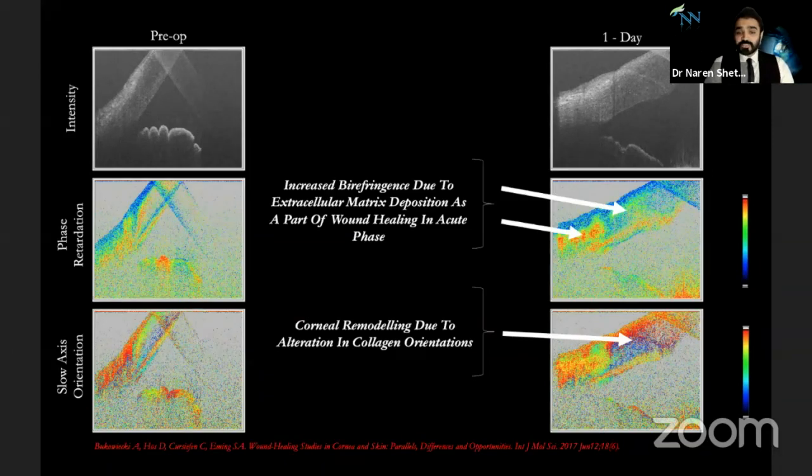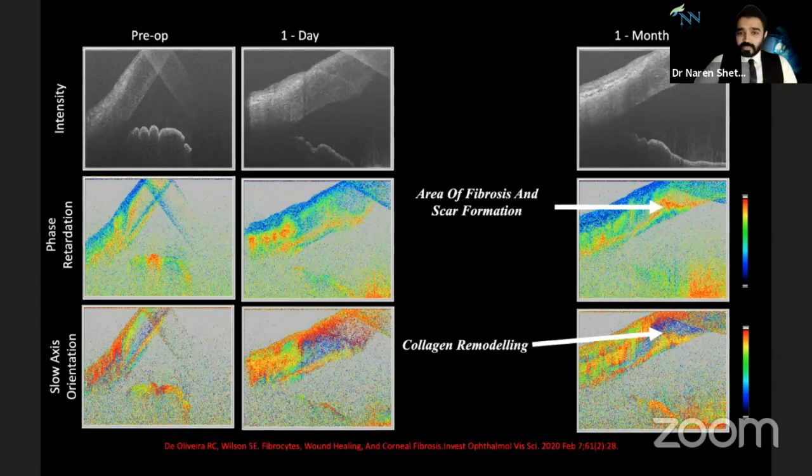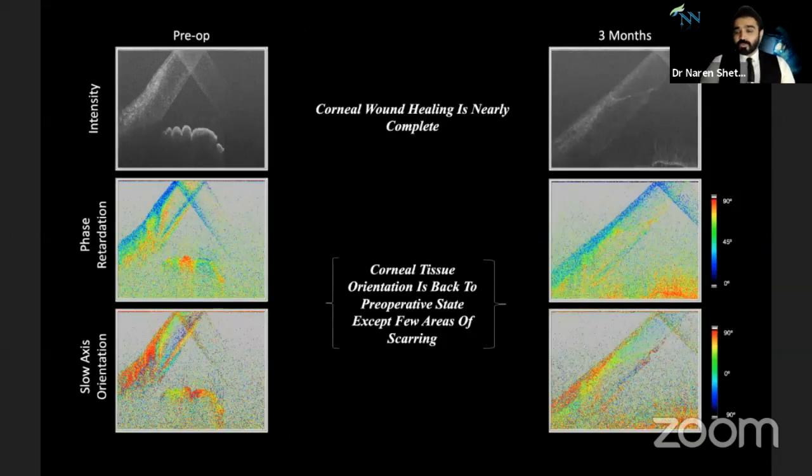Then you can also see the corneal remodeling happening due to the alteration in the collagen orientation. Then at 1 month, you can see areas of fibrosis and scar formation and also collagen remodeling. And when you look at the images at 3 months, the corneal tissue orientation is very similar to the pre-op phase itself. So the cornea is healed.